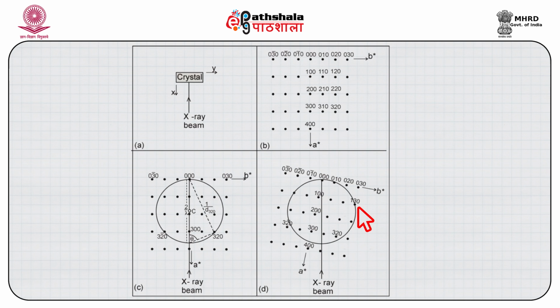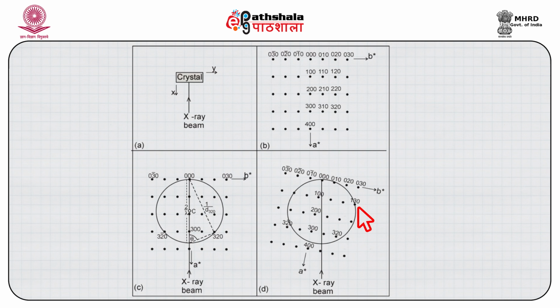So, continuous movement of the detector leading to movement of this circle in such a manner that it intersects different planes will lead to identification or satisfaction of Bragg's equation for different planes, and therefore, the continuous movement will lead to recording of the X-rays for different particular planes.